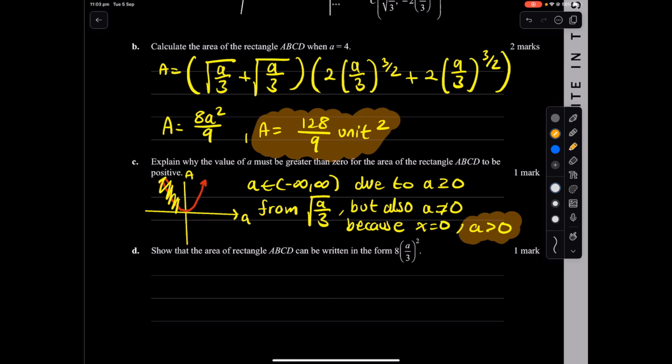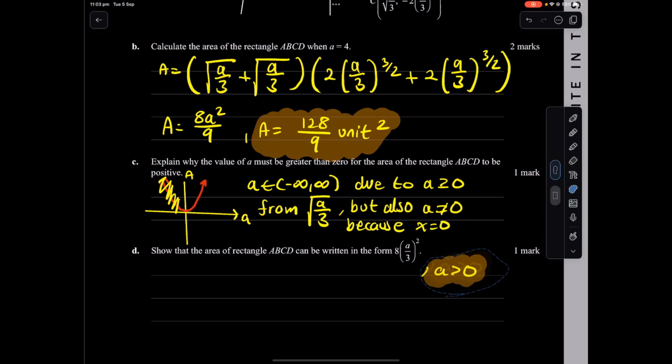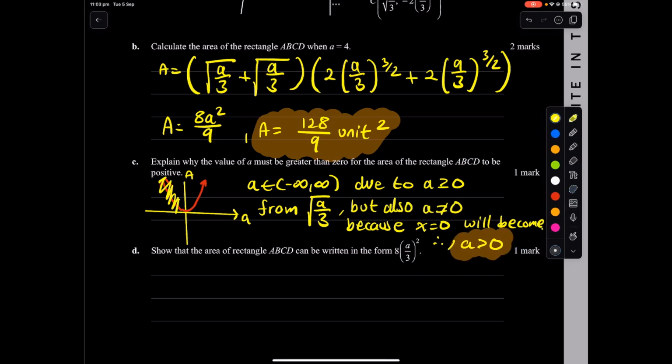So a is greater or equal to 0, and x will become, therefore this. I hope that's right.